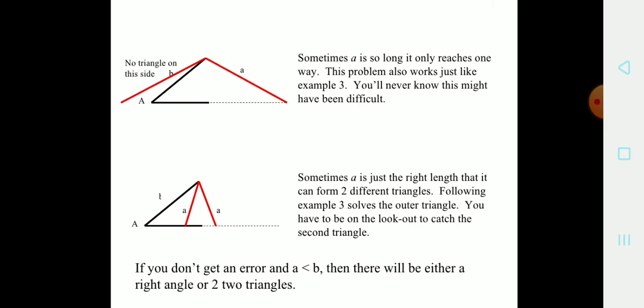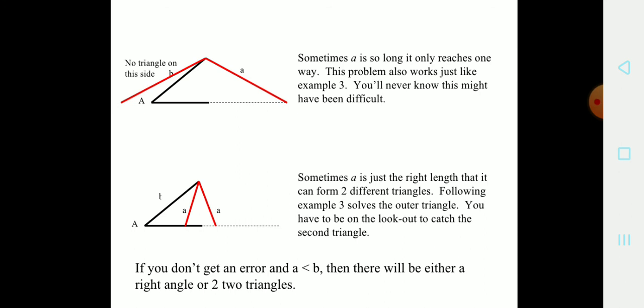You can work this problem like example number 3 and you will never know there might be a problem. Sometimes A is long, so it only really reaches one way. This problem also works like example number 3. Sometimes A is just the right length that it can form two different triangles.